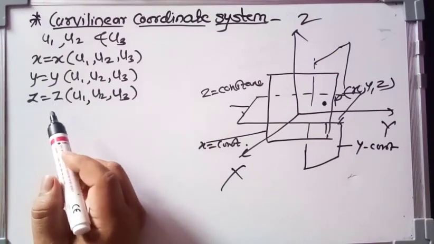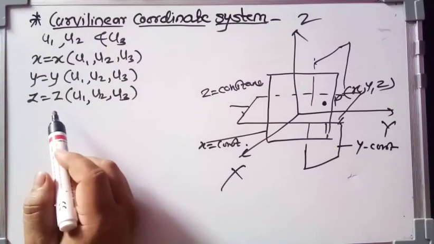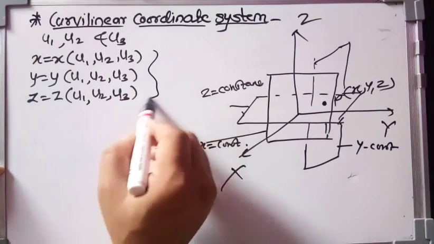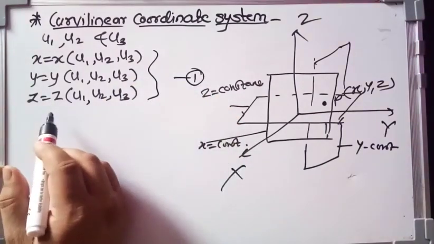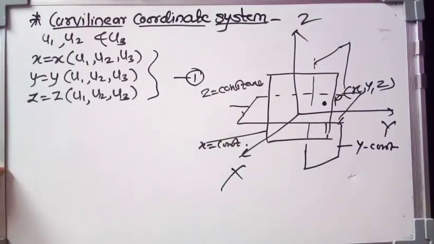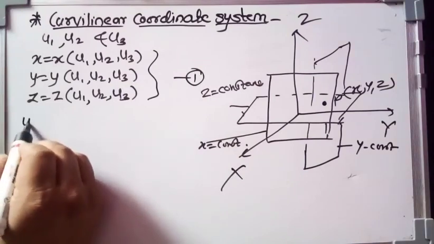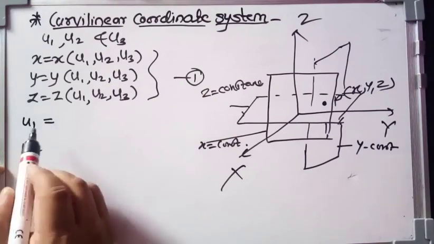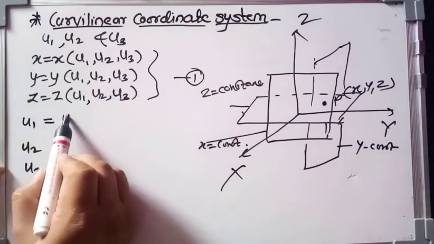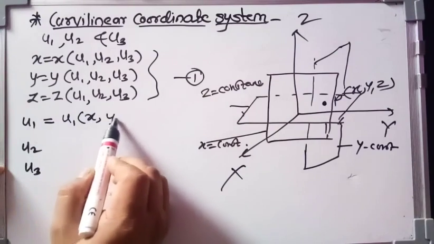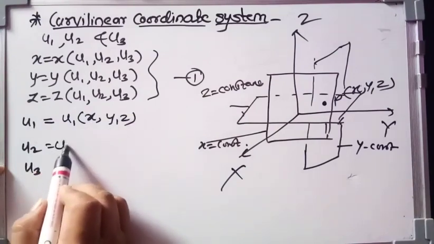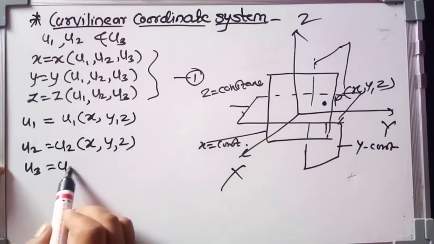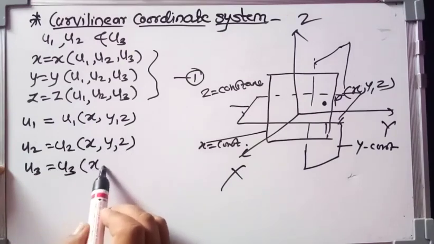These equations can be solved for the new coordinates u1, u2 and u3, so that we have u1 equal to u1 as a function of x, y, z, u2 as a function of x, y, z, and u3 as a function of x, y, z.